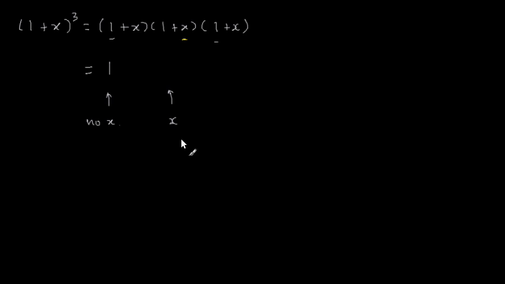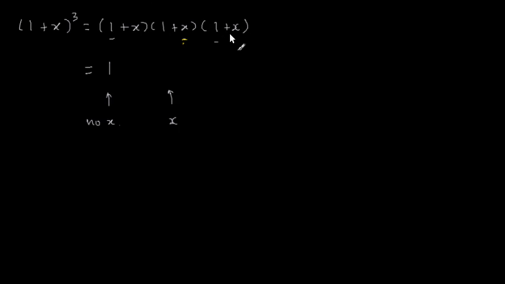So now, in order to pick combinations from these brackets that would give me one single x, all I need is to think about how many ways I can pick a single x from these 3 brackets. One way is to pick the x from here, and not pick x from the rest. The other way is to pick the x from there and not pick x's from here, meaning I'll just have to pick 1s from there.